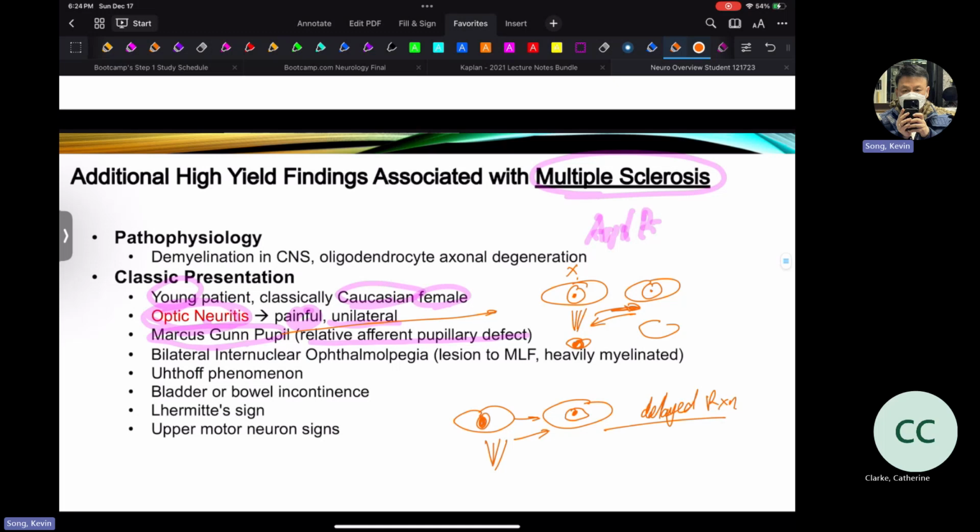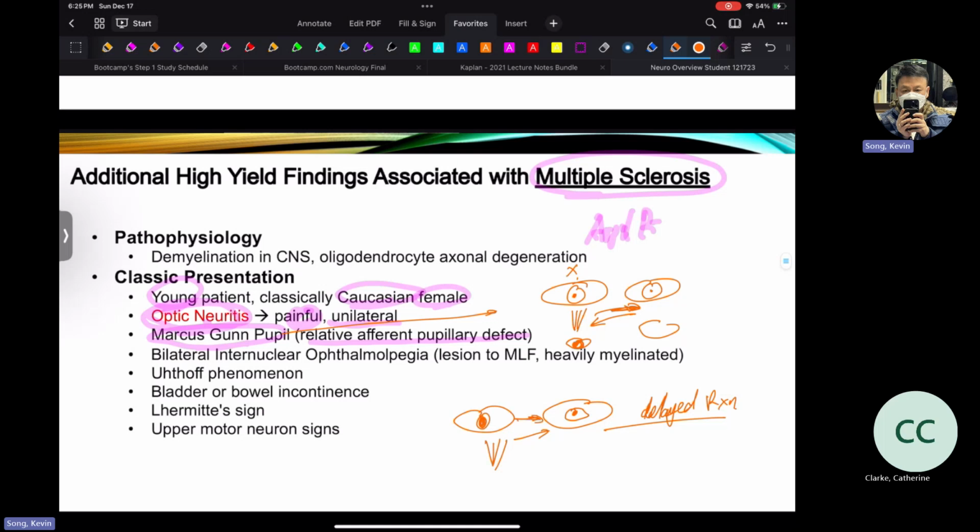The neurons that innervate the radial muscle and the ciliary muscle, which control the pupillary size, have a delayed reaction because those neurons are damaged. It's supposed to respond very quickly, but it doesn't respond quickly. That's why it's delayed.